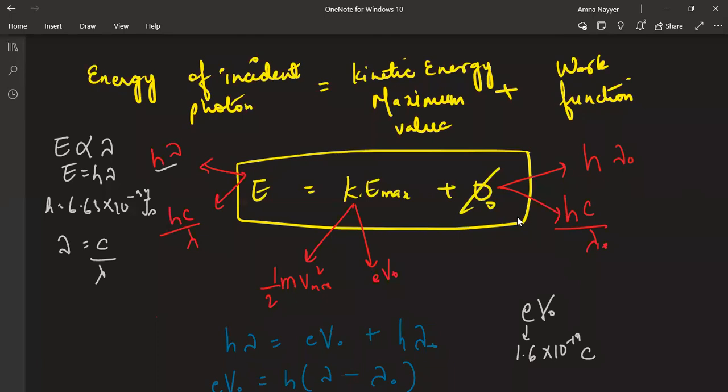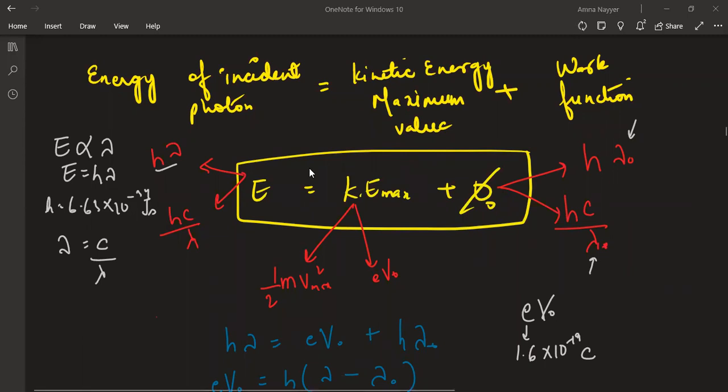And ultimately you have the work function. Work function is also a form of energy, but since it is the minimum value of energy, the frequency will also be minimum, and the wavelength will be the threshold wavelength. We know that this minimum frequency is the threshold frequency.